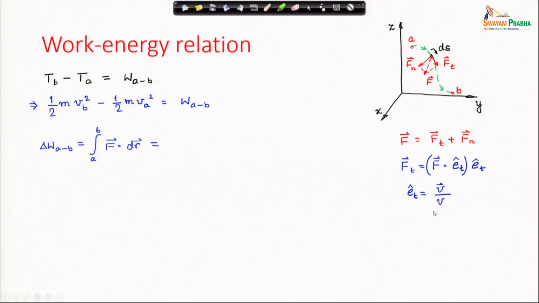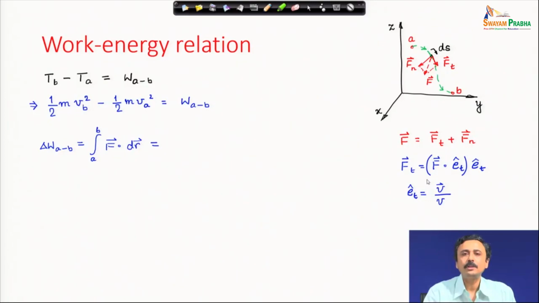Et cap is along the velocity, this we have discussed previously. Therefore, it is a unit vector along the velocity vector direction. Therefore, it is velocity vector divided by its magnitude. Thus, this is nothing but the unit velocity vector, that is Et, the tangential vector, and you can find out the normal component just by subtracting out from this force.